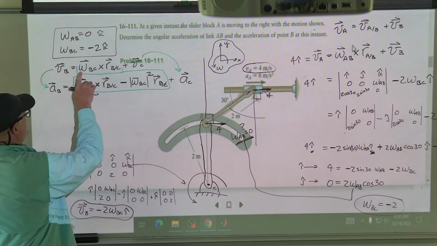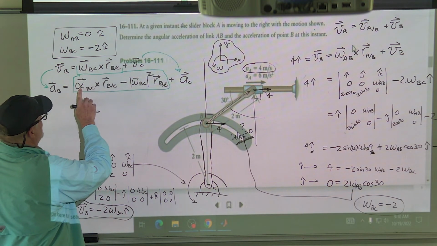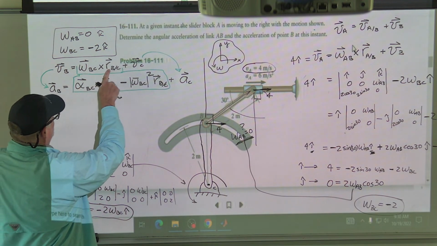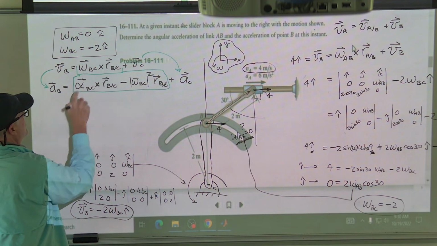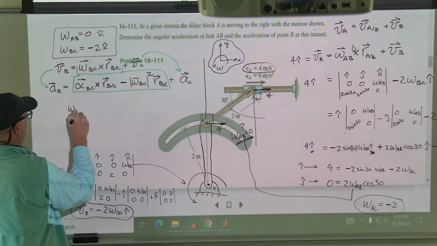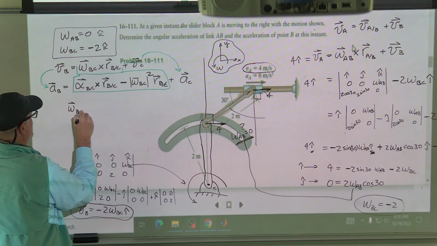So the first time derivative gives you this. The second time derivative gives you that. Okay, so let me do it without the subscripts.